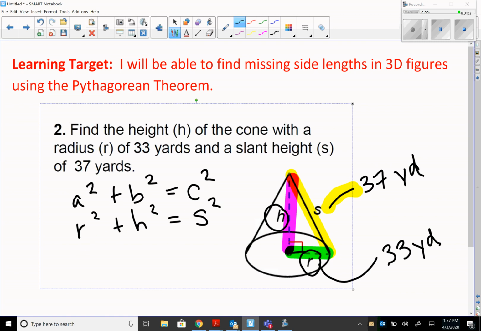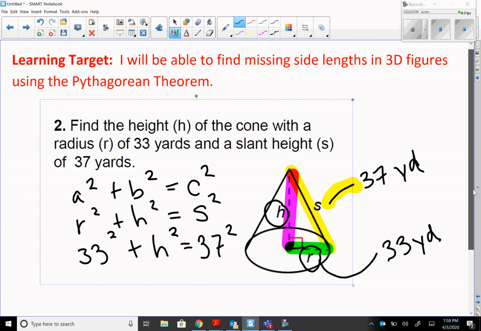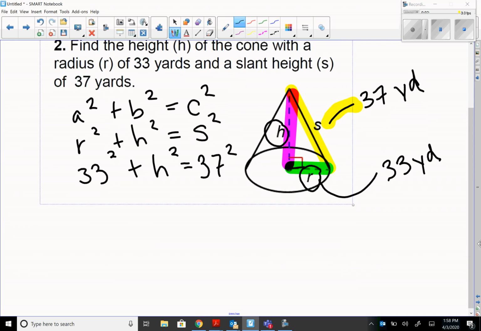We know our radius is 33. We do not know the height. And we know the slant height is 37. So all I did was rewrite the formula, except I used the variables r, h, and s instead of a, b, and c.